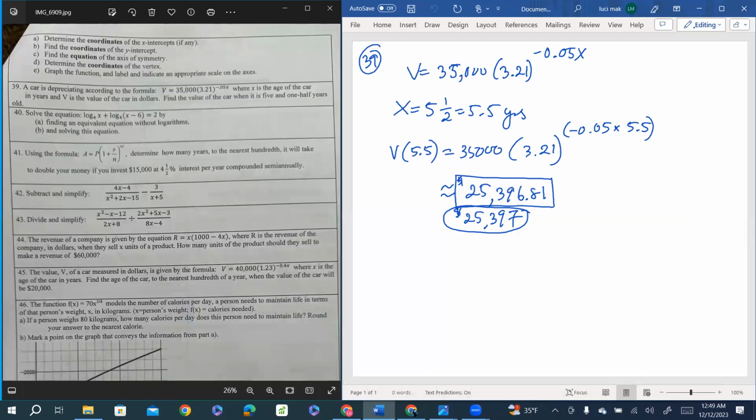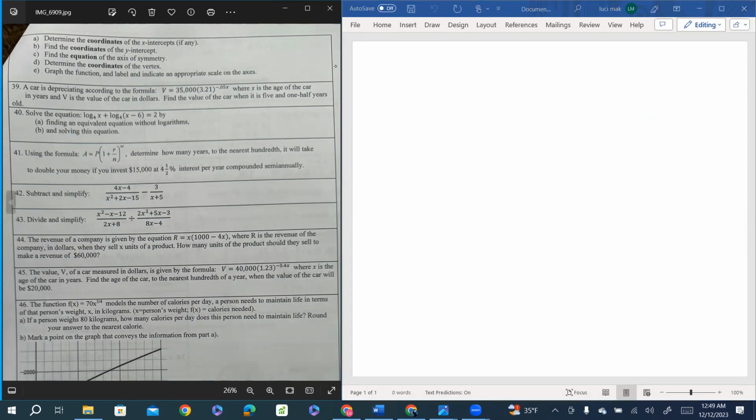Let's look at 40. All right. Let me erase the board. So for 40, we have this equation: log base 4 of x plus log base 4 of x minus 6 equals 2.